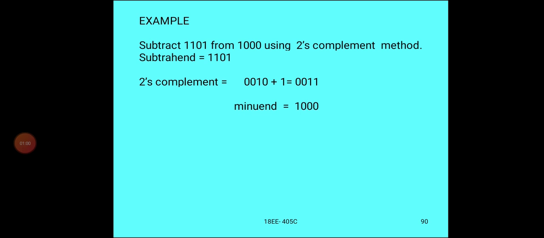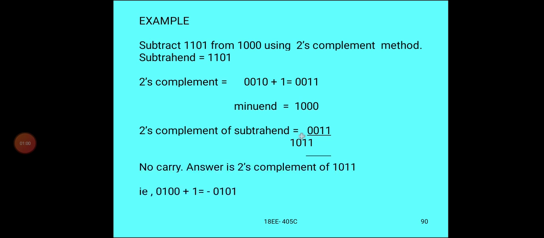Add to the minuend 1000, we get 1011, no carry. The answer is the 2's complement of 1011, so that is 0100 plus 1, and we put a sign before that.